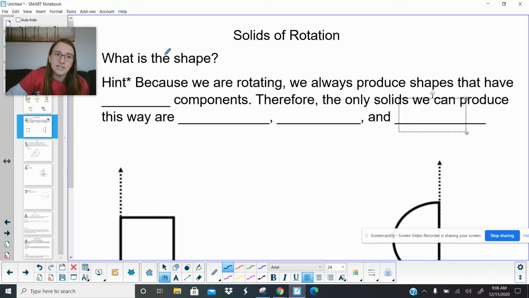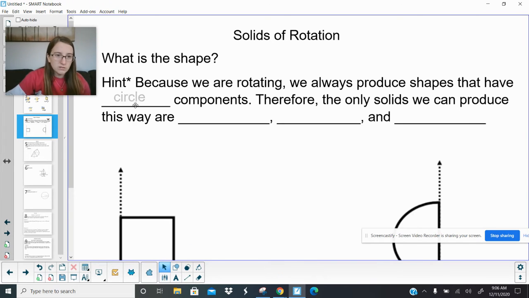Now, as a hint here, guys, because you're rotating, a rotation is always going to produce shapes that have circle components. That's because those far corners curve as we swing around. So the only solids you can produce here are the three shapes that have circles as a part of them: cylinders, cones, and spheres.